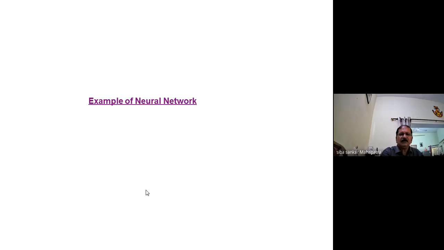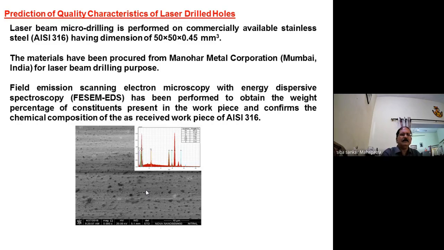So there is another example that we have used, that is the prediction of quality of laser drilled holes. Here laser drilling has been carried out on AISI 316 steel having a thickness of 0.45 mm.